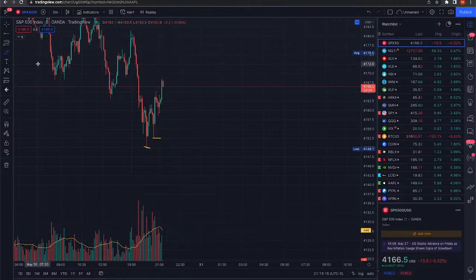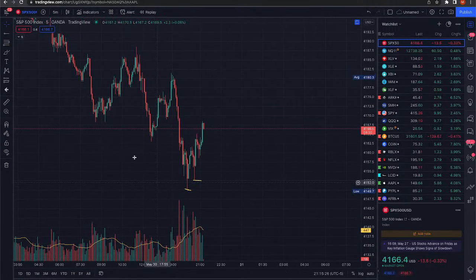And for those of you that don't know what I mean by lose the 5 minute or the 1 minute, here's an example up here of losing the 5 minute trend. Right around here, this was our last low, and we needed to make another higher low up here somewhere, but we broke through it.